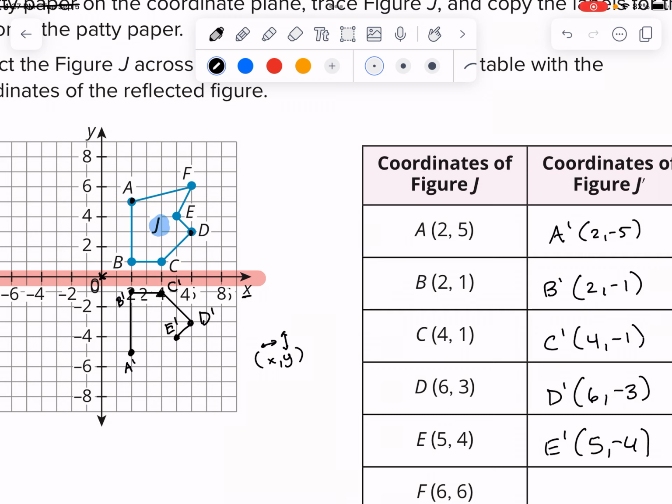Let's connect. And then we have one more point that we have to graph, and that is F. That is 1, 2, 3, 4, 5, 6, so I'm going to go 6 down. 1, 2, 3, 4, 5, 6.